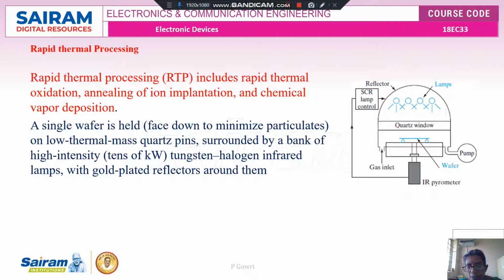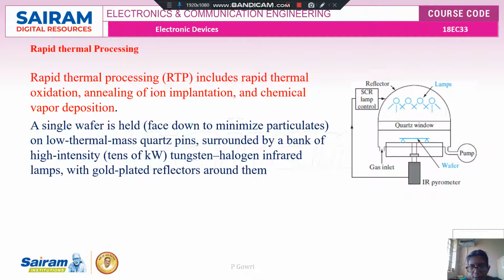We have discussed in the previous videos that when I want to get thermal oxidation or when I want to go for ion implantation, there is a need for high temperature. The high temperature takes a very long time to obtain. Whenever I go for ion implantation or any other thermal process, the time required to reach the high temperature will be more.